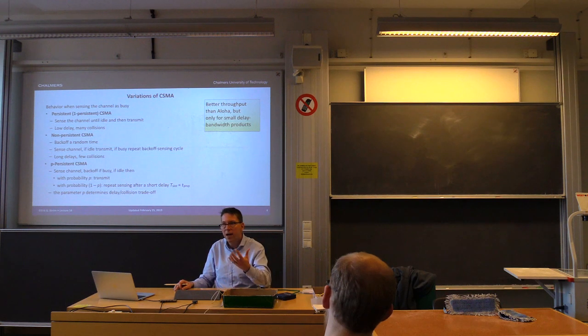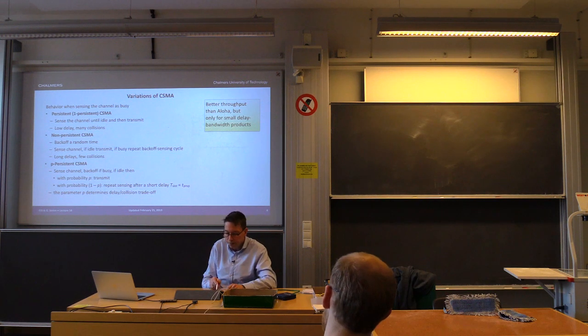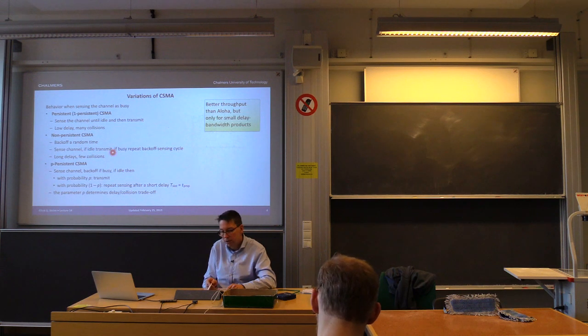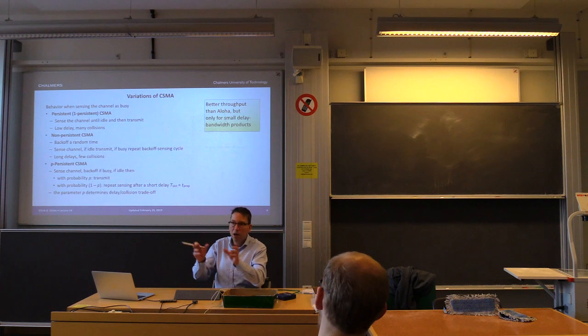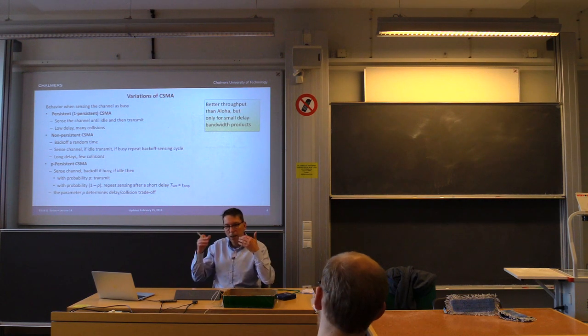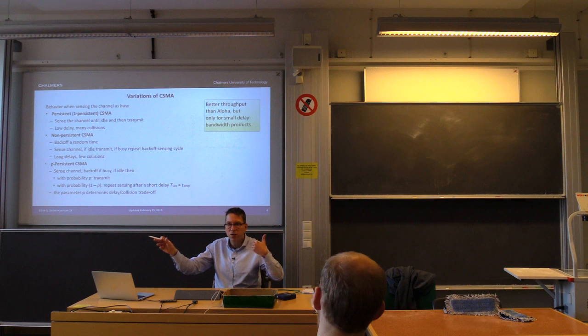So it's a more polite, less aggressive method. We back off a random time, we sense the channel, if idle, transmit, if busy, we repeat this back-off and sensing cycle. And here we spread out the transmissions: if many stations at the same time sense the channel and they sense it to be busy, then the next sensing time for these stations is randomized in time.